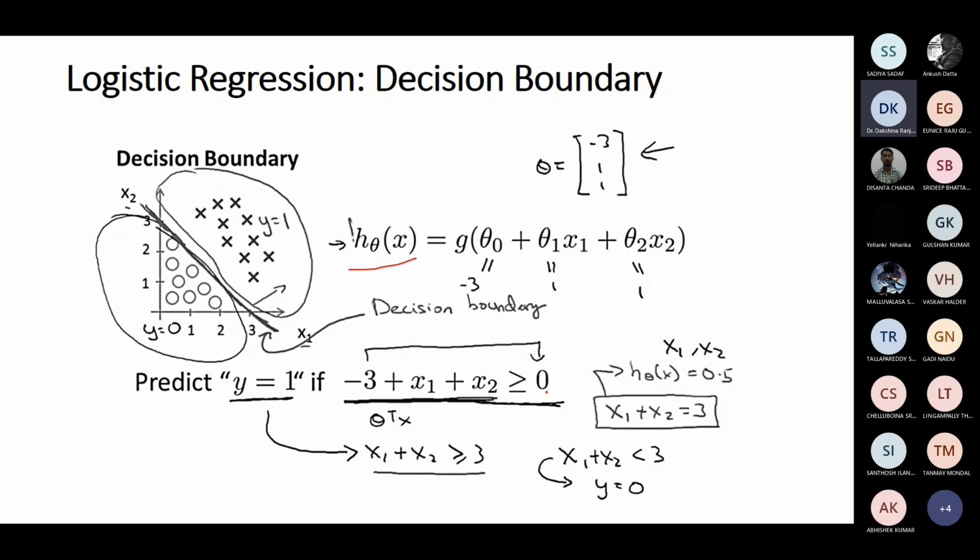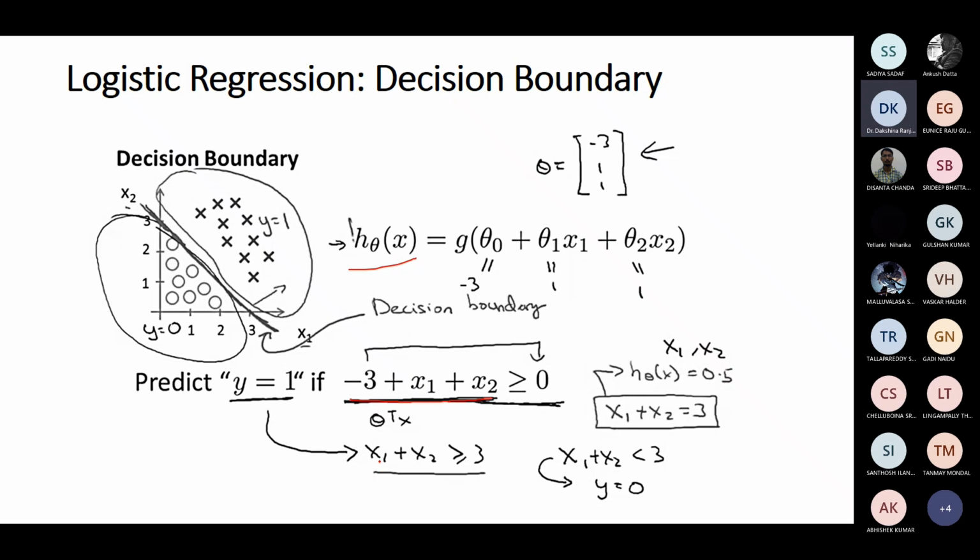This is your theta transpose x: in place of theta 0 we have minus 3, for theta 1 we have 1, and for theta 2 we have 1. Now we can write minus 3 plus x1 plus x2 greater than or equal to 0.